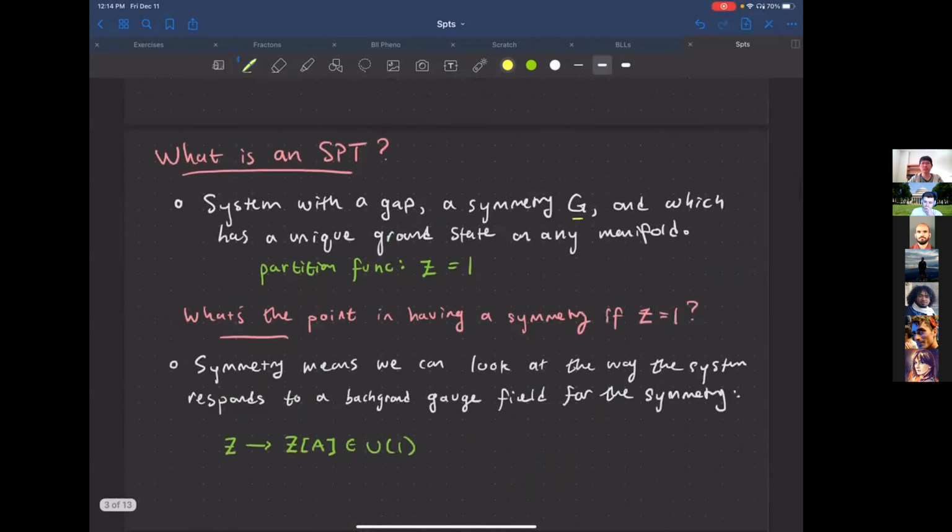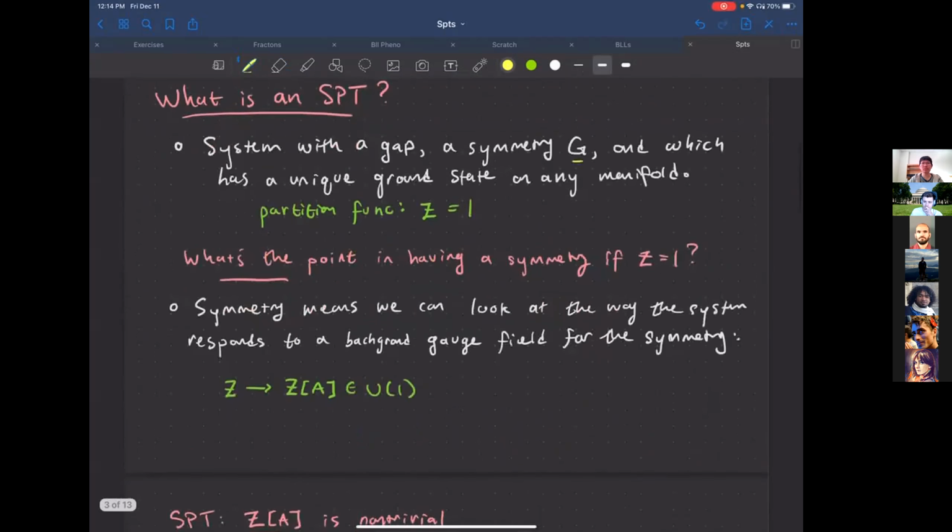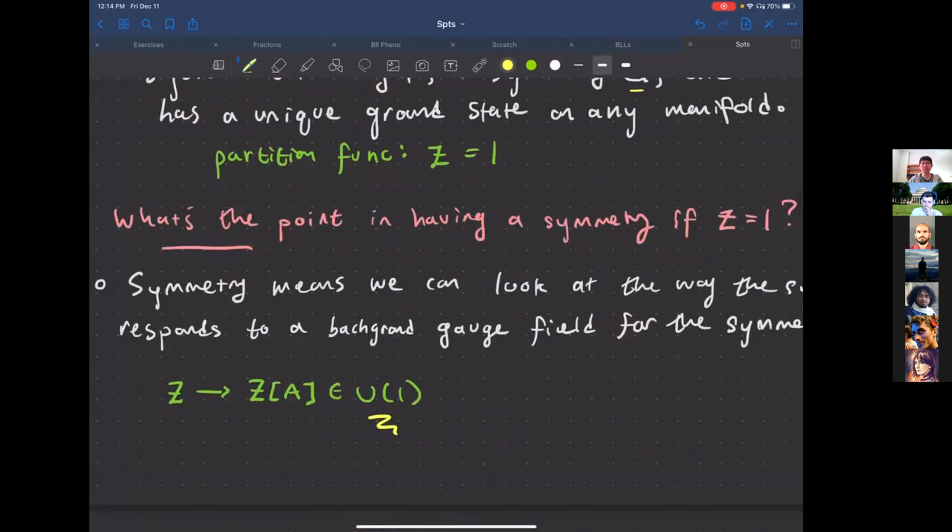So what being non-trivial means is that, well, any partition function that is not 1 is non-trivial in a sense. If this actually depends on A, in some sense it's non-trivial.